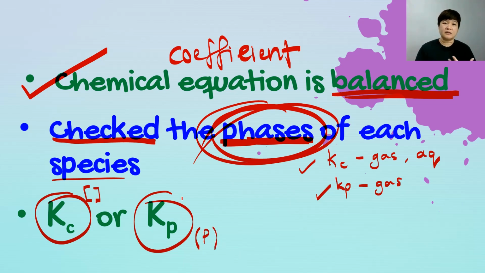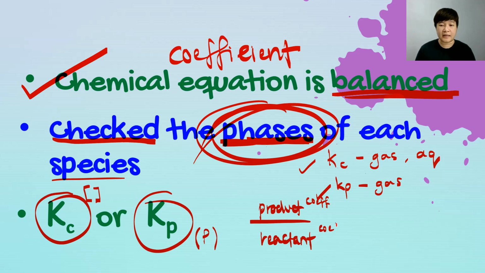But generally, the concept is the same, where it is still your product over the reactant. Don't forget the coefficient from the balanced equation. So it's always product to the power of its coefficient over the reactant to the power of its coefficient.